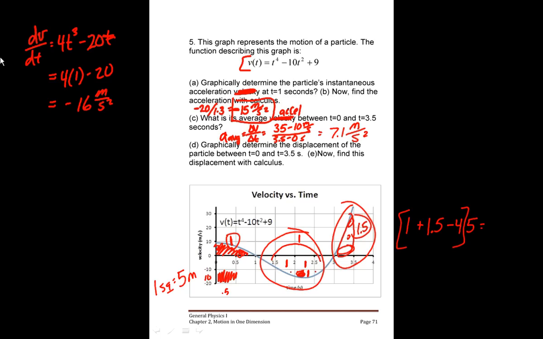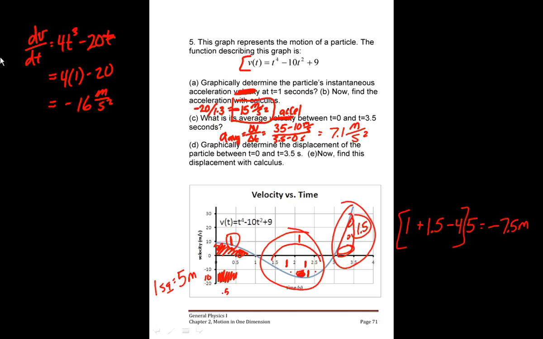That's 2.5 minus 4, which is minus 1.5, times 5. So I get negative 7.5 meters. Negative 7.5 meters. All right? That's very rough. I just sort of estimated the area under that graph.